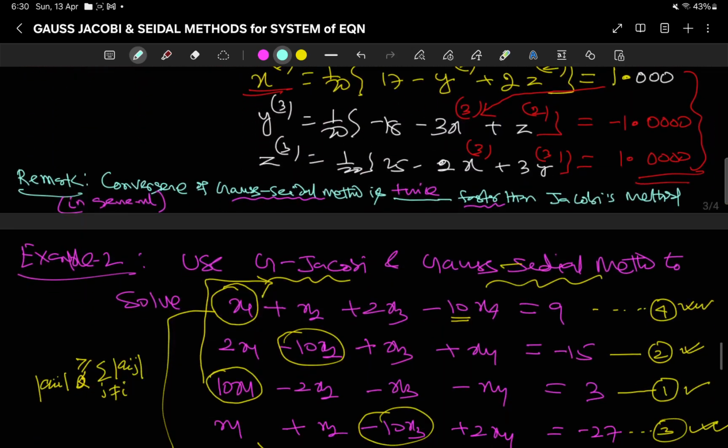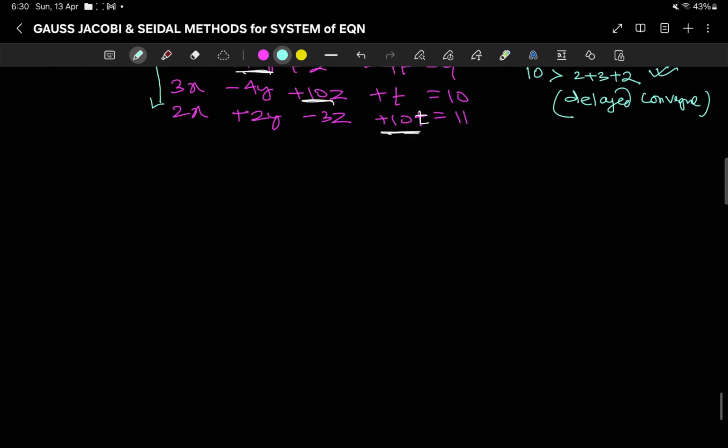Now accordingly, if you solve this, we will get the result at the 9th and 10th step.